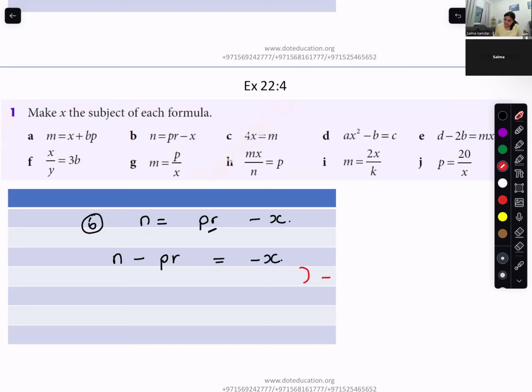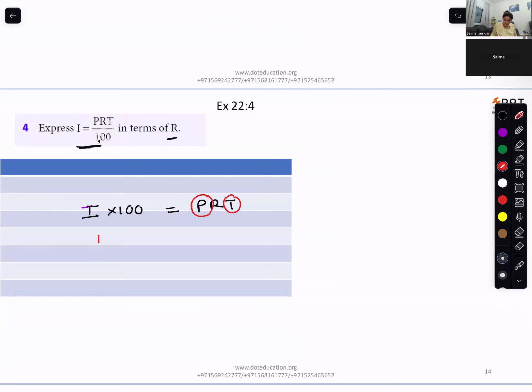Now I don't want this P and I don't want this T. So I into 100 divided by PT would become my R. Subject on the left. So R is equal to 100I over PT.